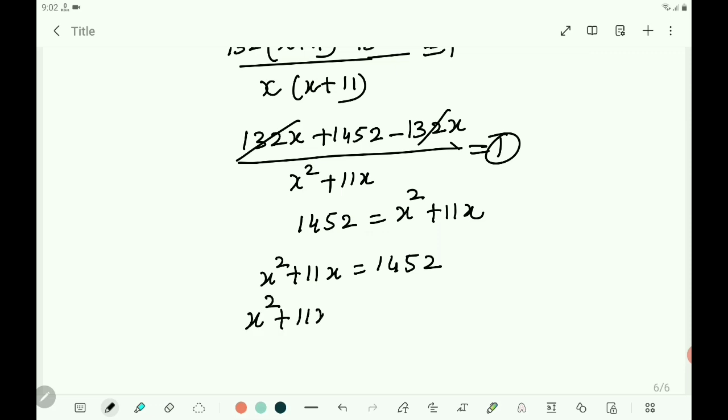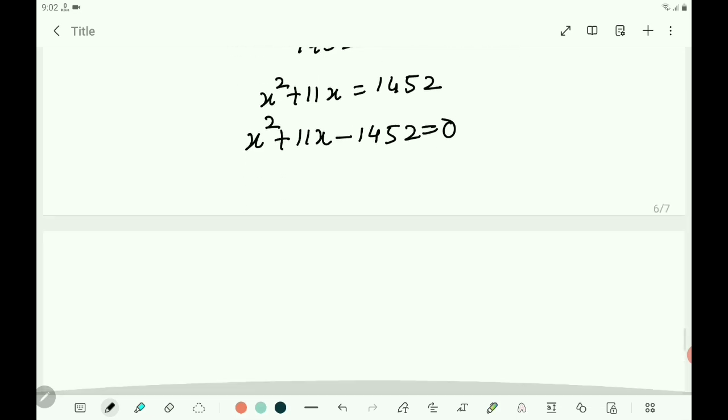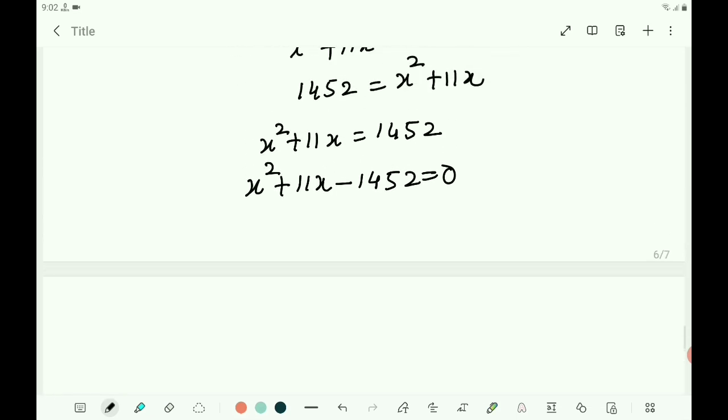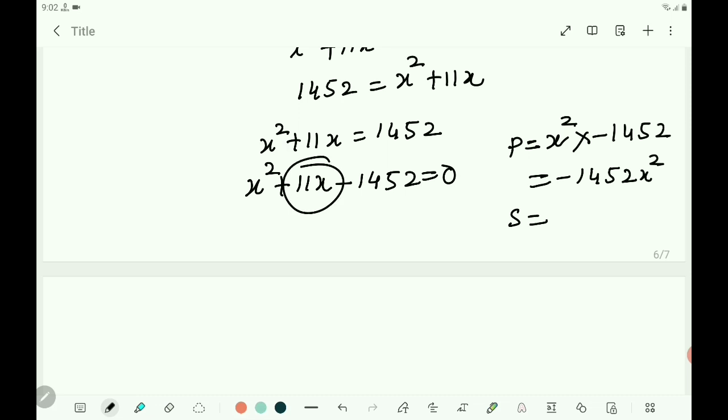x square plus 11x minus 1452 equals 0. Now we have to factorize this quadratic equation by splitting the middle term. Here the product is x square into minus 1452, which equals minus 1452 x square, and the sum is the middle term, that is 11x.